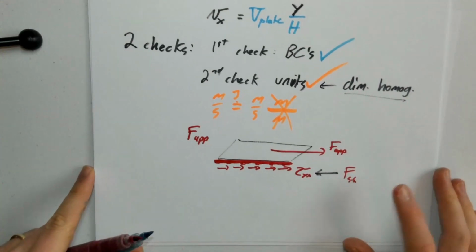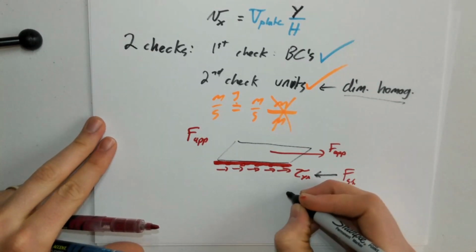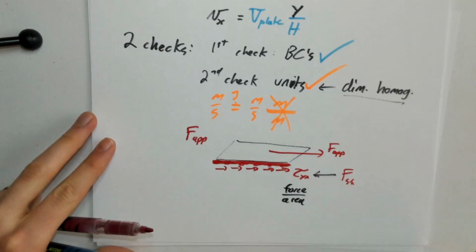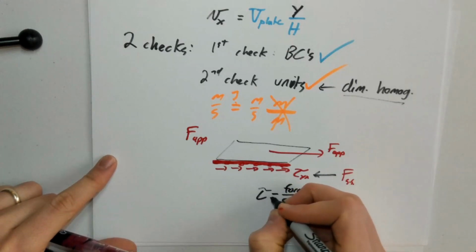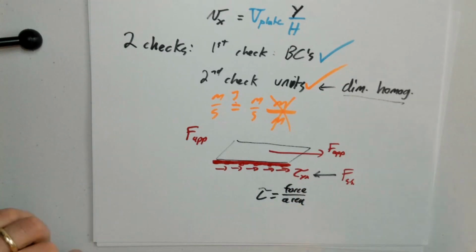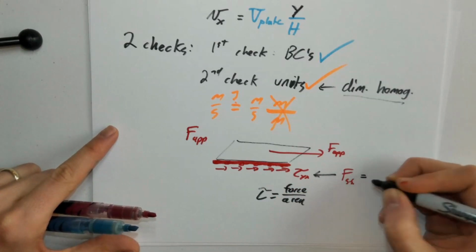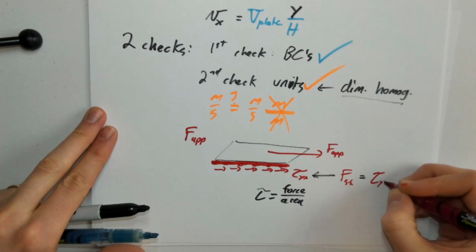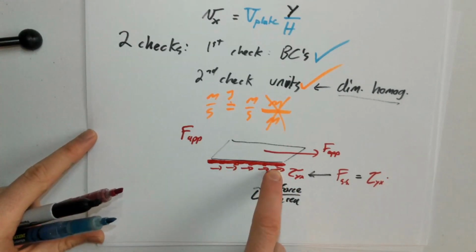Well, if we think about it, shear stress is force divided by area, right? So shear stress is force over area. So what does this mean? This means the force from a shear stress is basically going to be equal to tau yx times the area this shear stress is acting on.